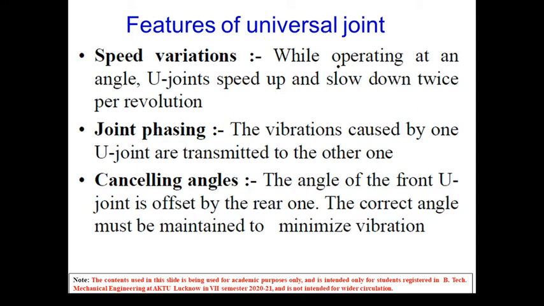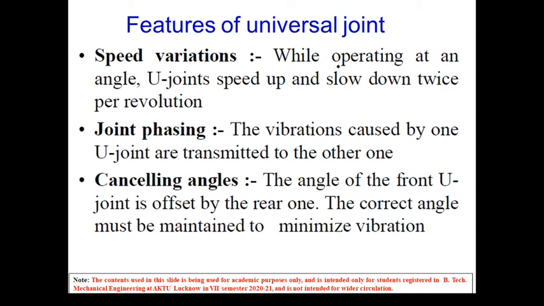They have to vary the speed as per the engine or vehicle requirement. While operating at an angle, sometimes the rear wheels are at a different location compared to the front wheels. So these universal joints speed up and slow down twice per revolution.